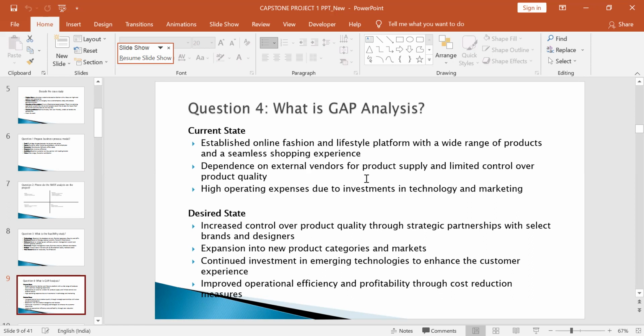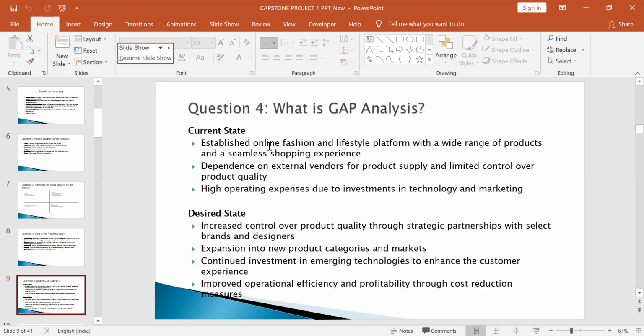See, suppose for this case study, the current state is an established online fashion and lifestyle platform with a youth wide range of products and a seamless shopping experience, right? So we will establish the online fashion, and it depends on the external vendors for the product supply.